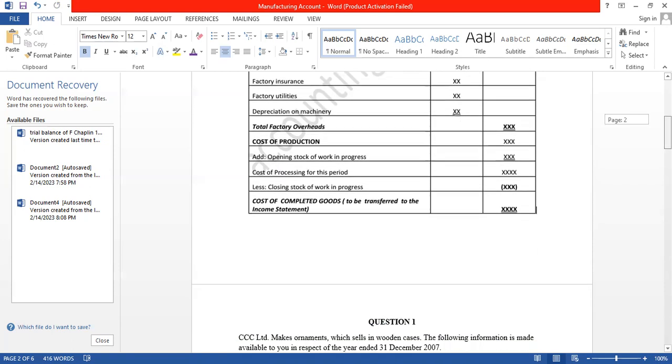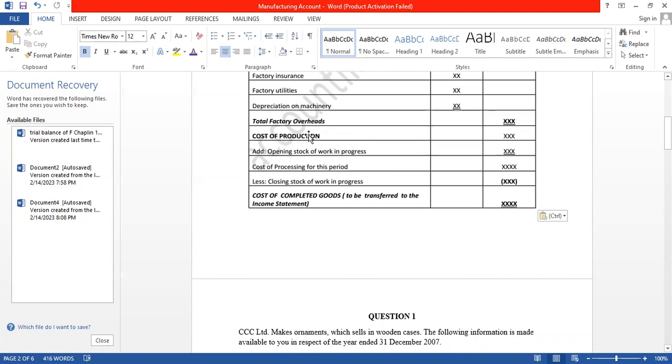Scrolling down, next we have the cost of production. So we're going to write the cost of production in the second column. What we're going to add to the cost of production is the opening stock of work in progress. I'm going to put that in the second column below the cost of production.